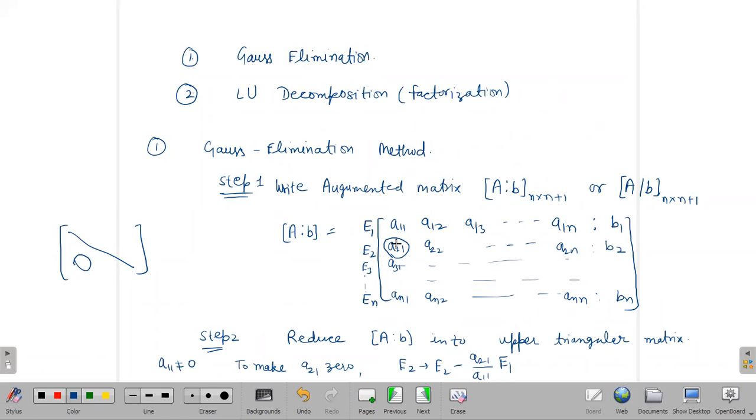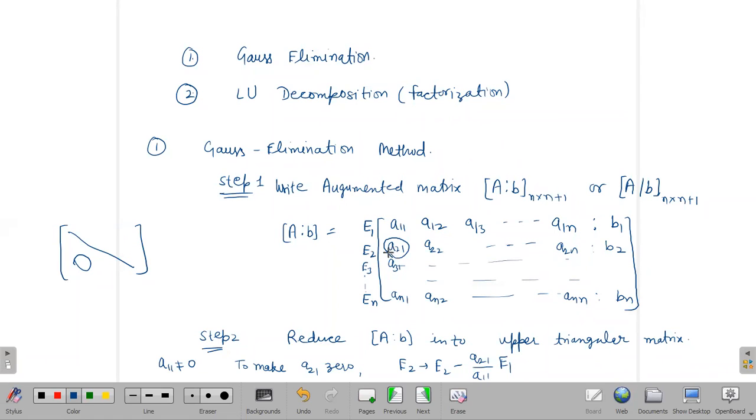But suppose it is zero, then you have to replace it with another row. Suppose A11 is zero, then you find E2, then you check A21. If it is non-zero, then you replace the full row E2 with E1. Otherwise, if A21 is also zero, then you find A31.